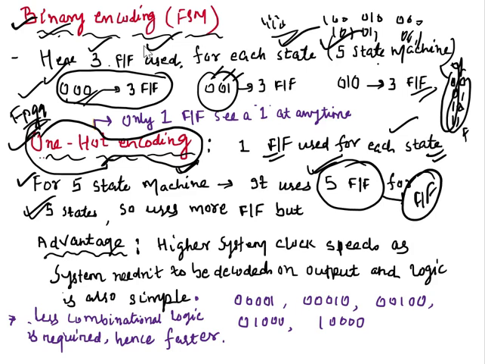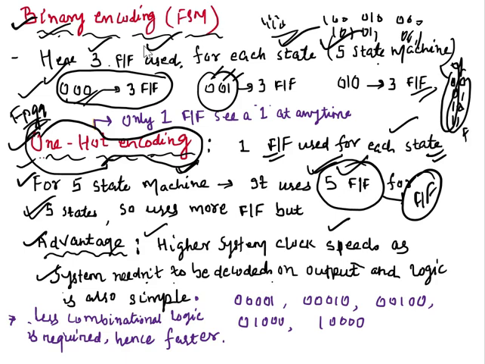Then why is one hot encoding so famous in FPGAs and for FSMs? Even if the number of flip-flops increases, this is the advantage: we achieve higher system clock speed, as the state need not be decoded on the output side.